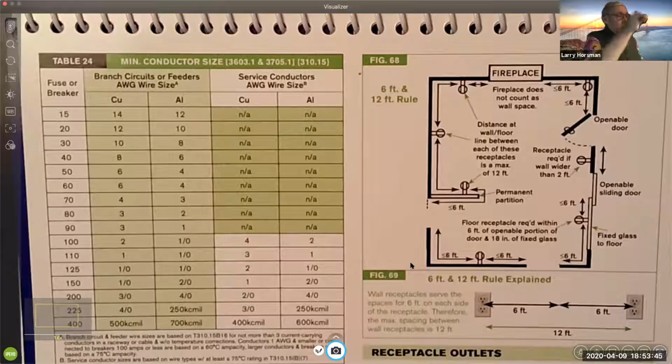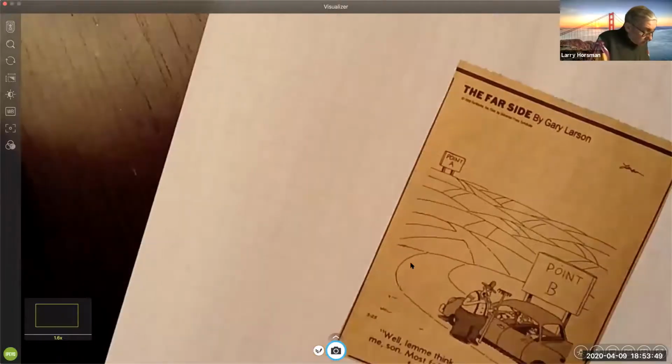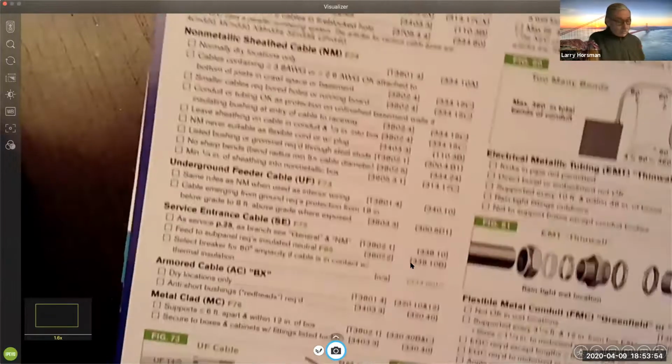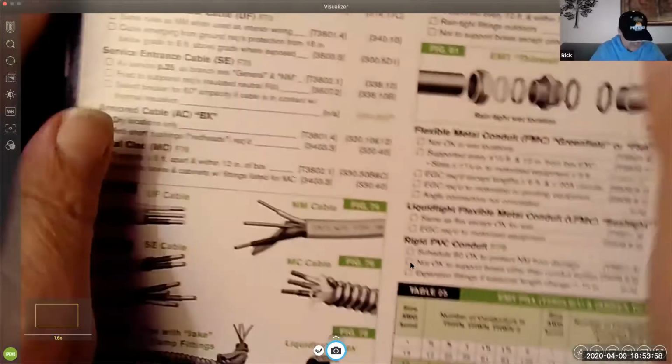If you flip over, they talk about the inside of, and then they have some pictures. Yeah, we got those pictures.